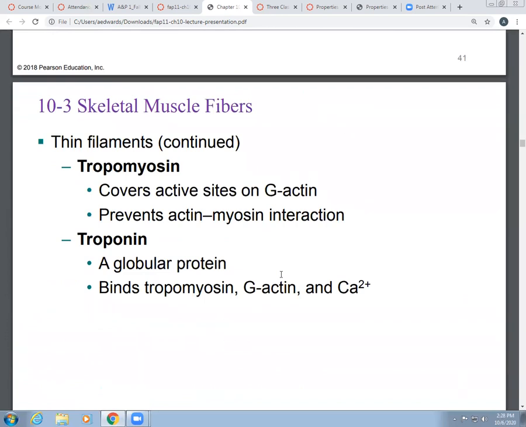Okay, so you also have tropomyosin and troponin. So tropomyosin keeps the active sites on G-actin covered, and it prevents actin and myosin from interacting with each other. And the troponin, it will bind to the tropomyosin, the G-actin, and calcium ions.